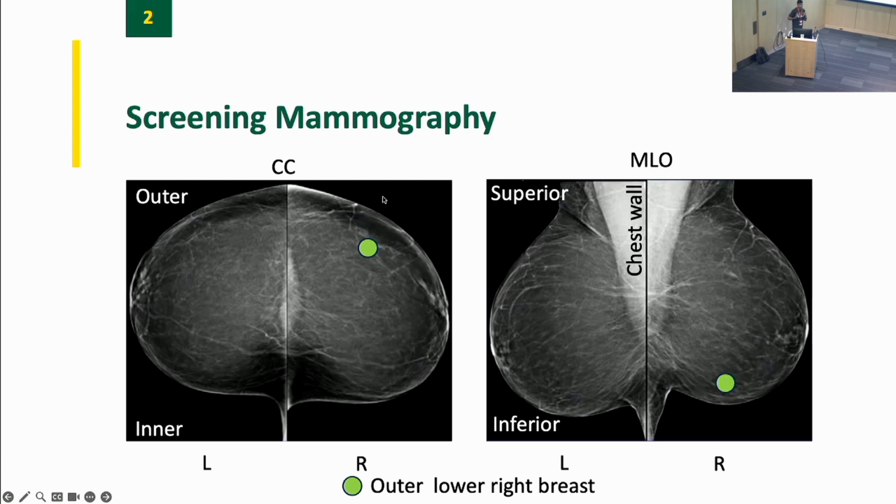If you're on the left side, outer is this way. If you're on the right side, outer is this way. Inferior just means lower versus upper. So if I see the same lesion here on the CC view and here on the MLO view, it would be in the outer portion of the lower right breast. So it's just a quadrant system on mammography. That's as close as we can get, given that you only have two views.